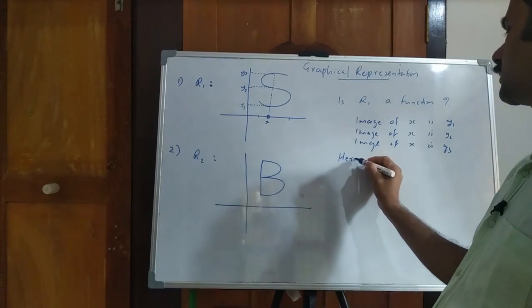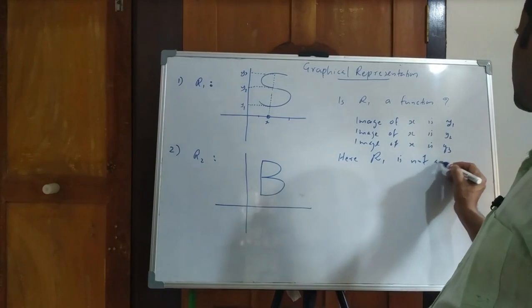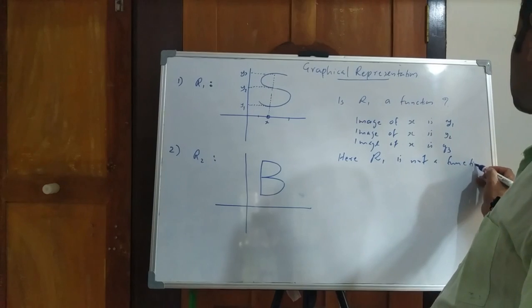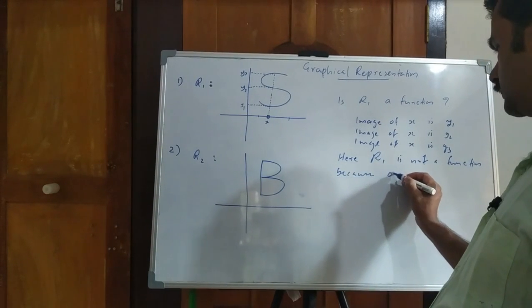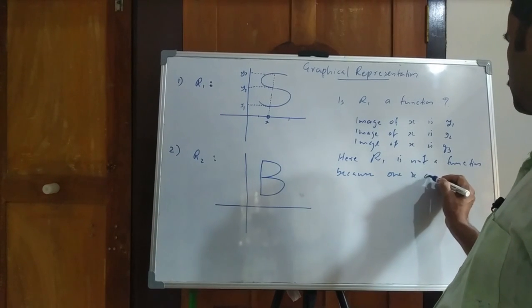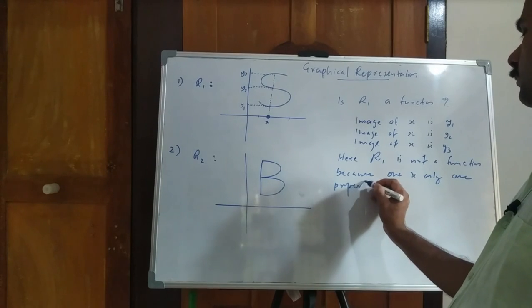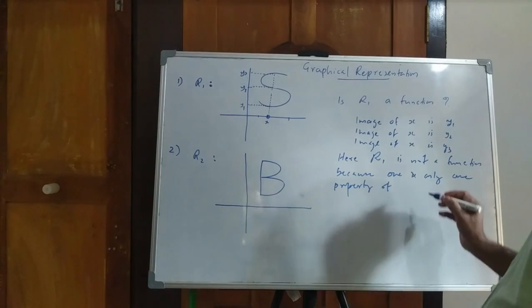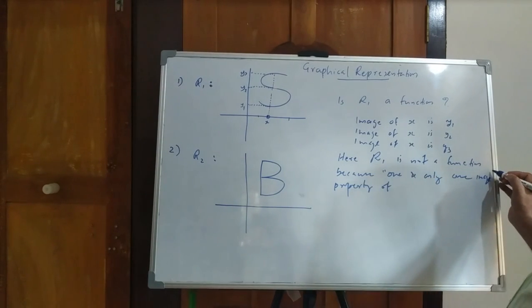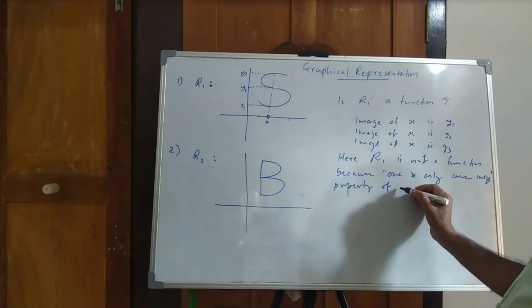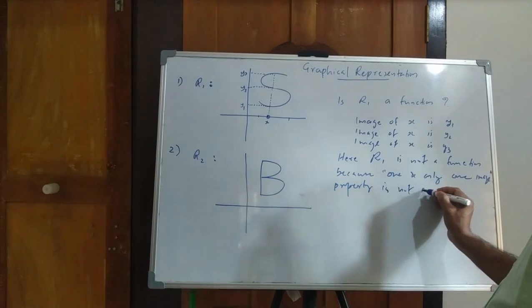R1 is not a function because the one and only one image property is not satisfied.